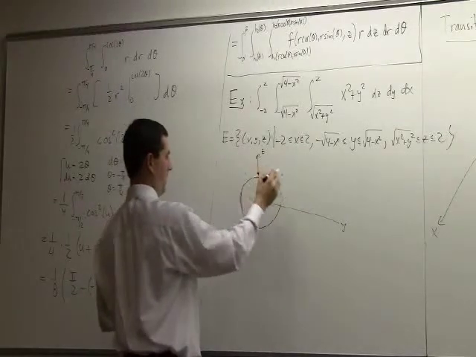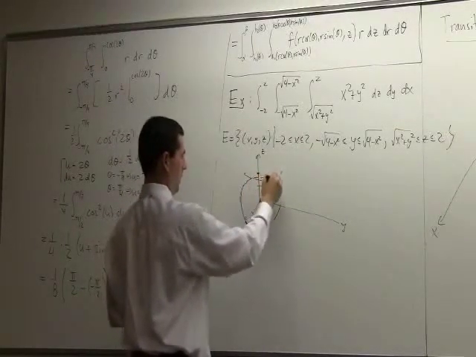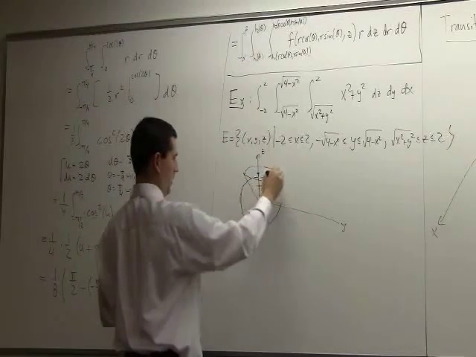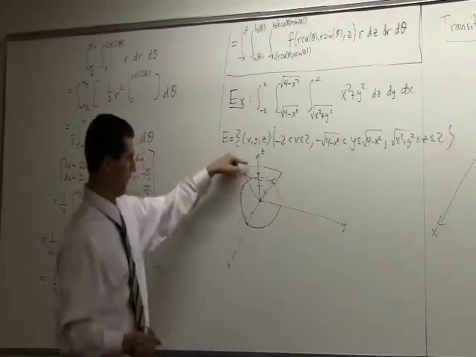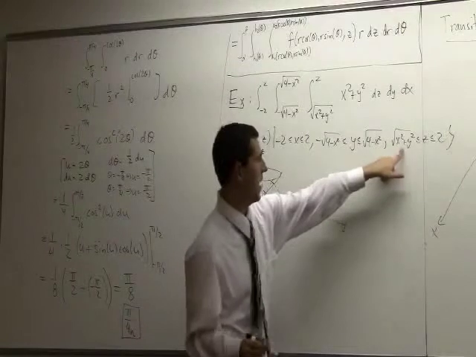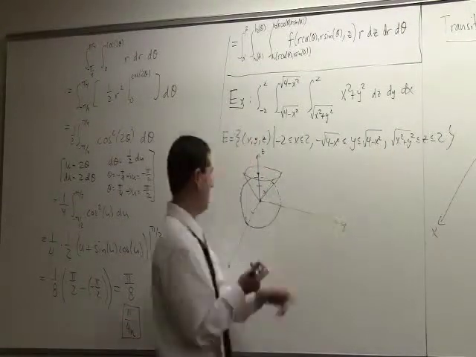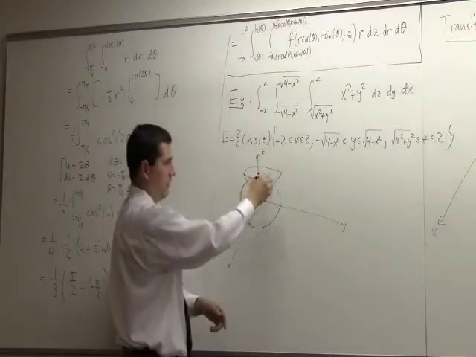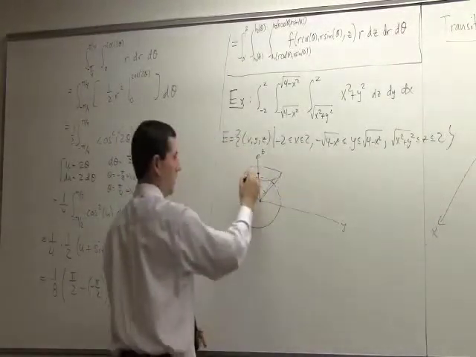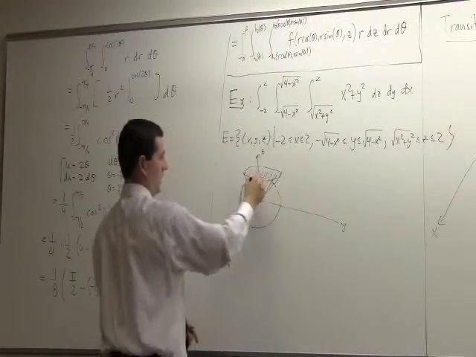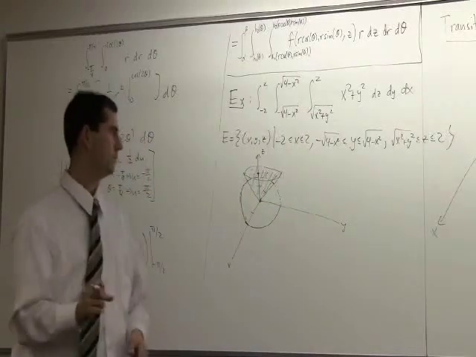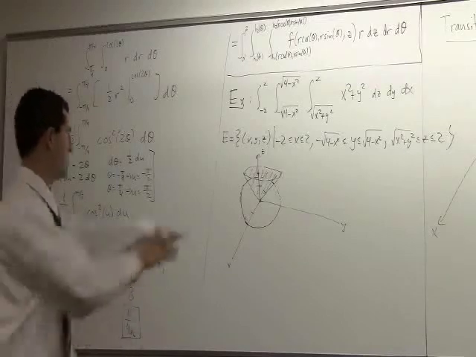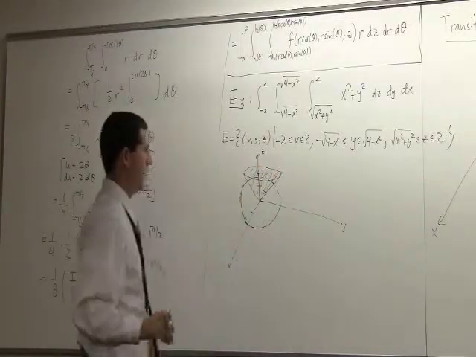So in fact, what this has to look like is a cone, because as the radius gets bigger, z has to get bigger and bigger. Z can't be too low. It has to always be bigger than the radius. So it's actually this cone here. Okay, fine. And the projection of this cone should be this circle.